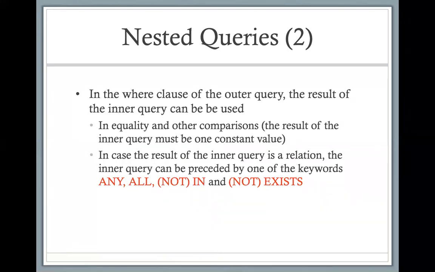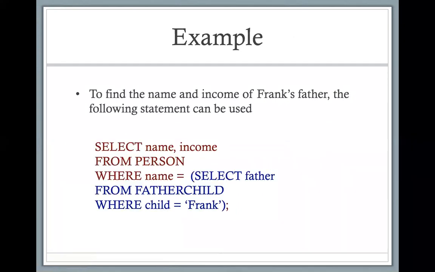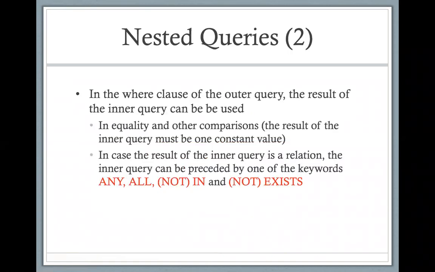So in general, I can have in the where clause an attribute equal and then another select statement, but this select statement must return one value only. When I use equal, I can use greater than, less than, but then the sub-query or inner query must return a single value.